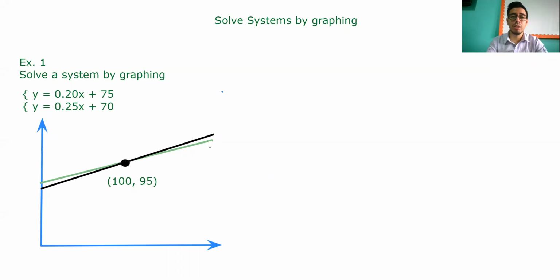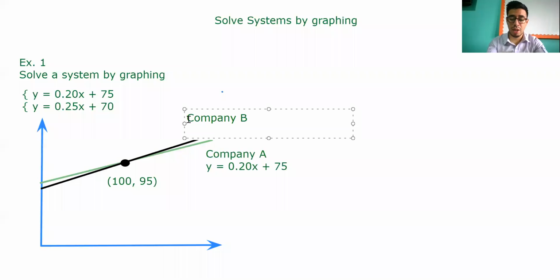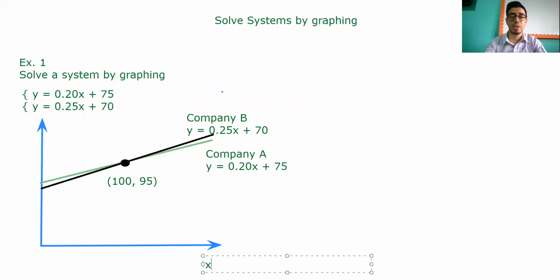So the green color is for the company A, and you write the equation y equals 0.20x plus 75, and the black one is for the company B. And you write the equation that you graph. y is equal 0.25x plus 70.